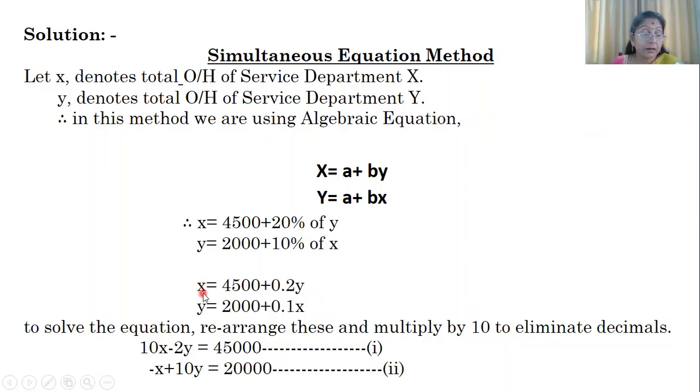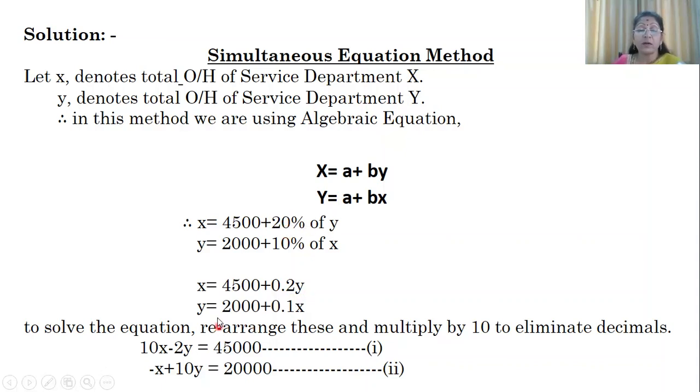X is equal to 4,500 plus 0.2Y. How did we get this? We have to convert the percentage into a number: 20 divided by 100 gives 0.2. That is, 20% of Y is 0.2Y.